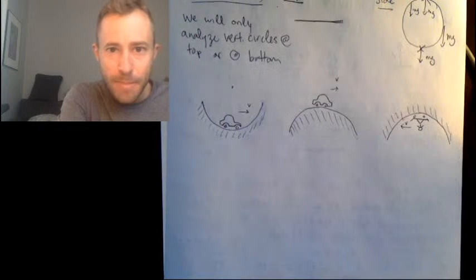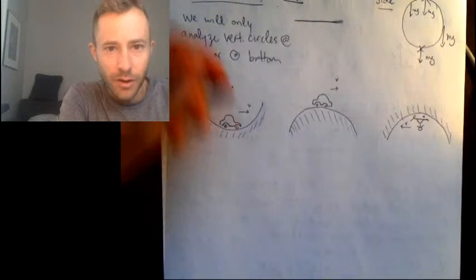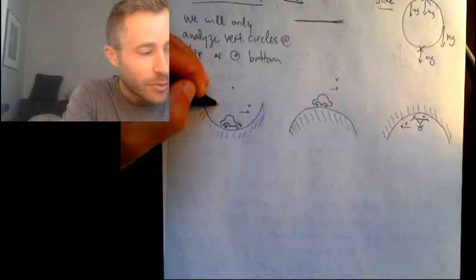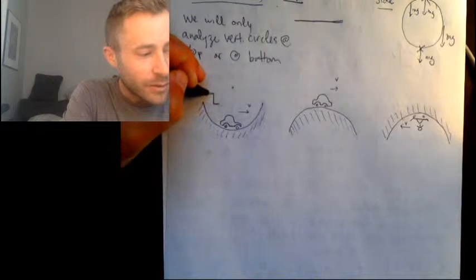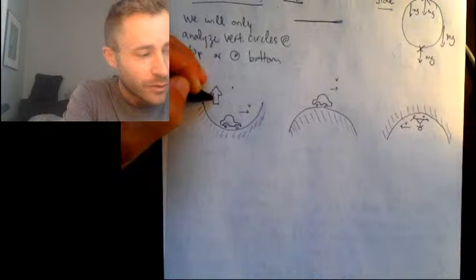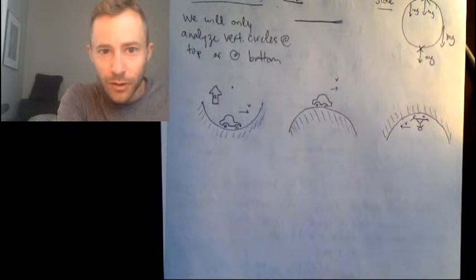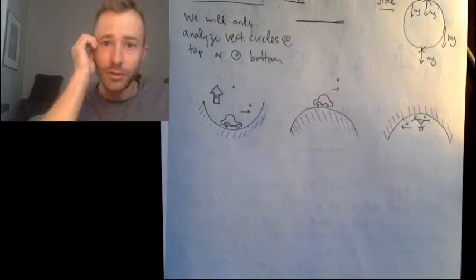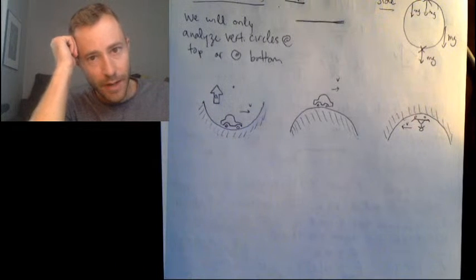It's above the car. The direction of the centripetal acceleration is towards the center of the circle. So I'm going to put a big goofy arrow here, and I'm going to put A in it to represent that the centripetal acceleration is upward in that case.